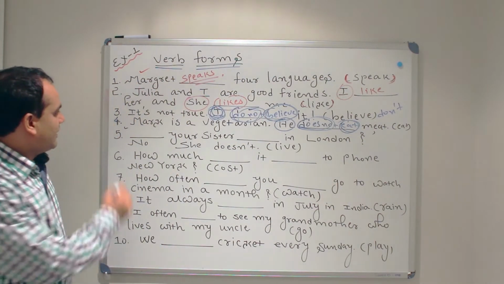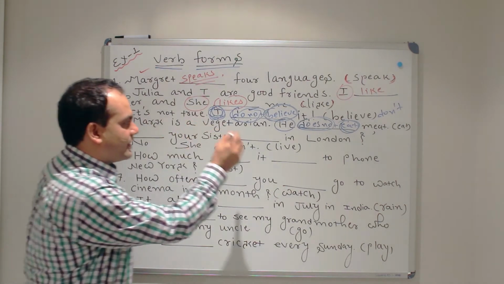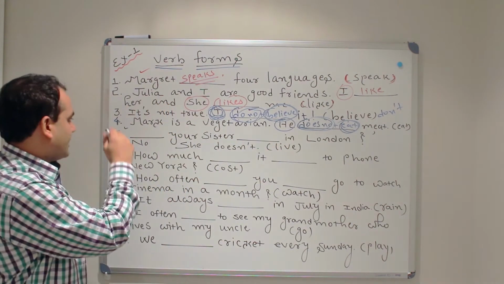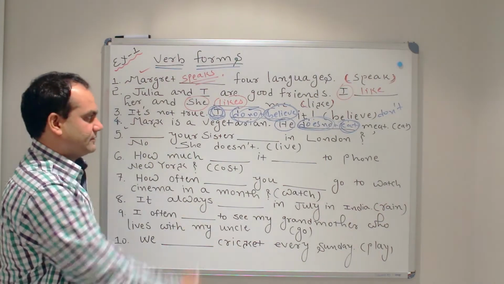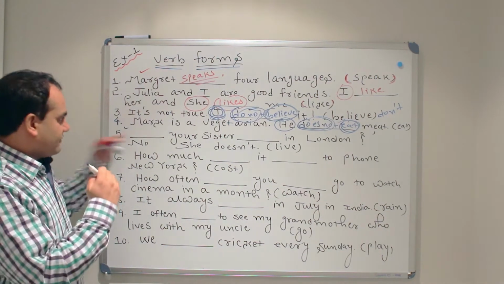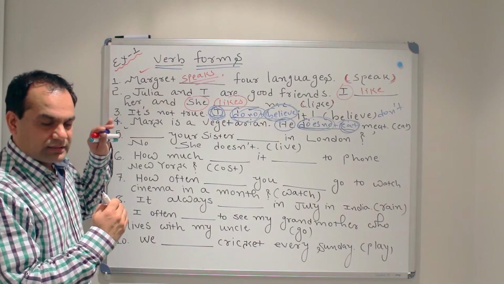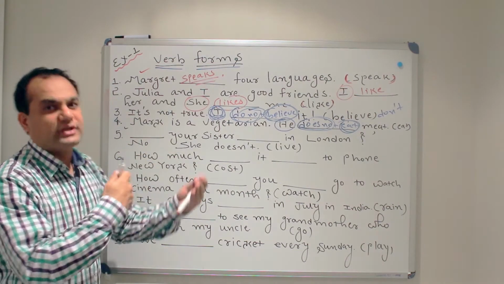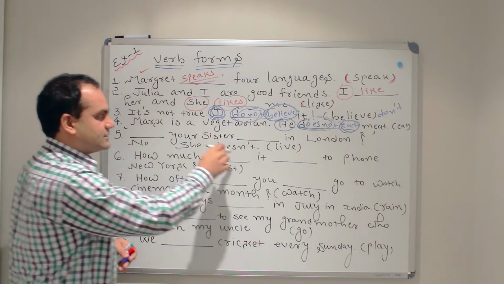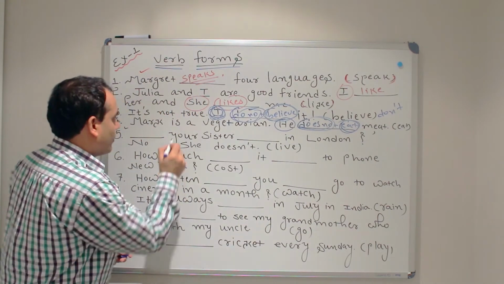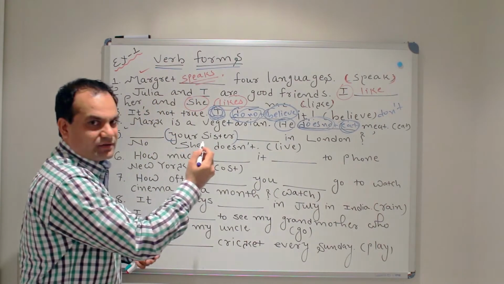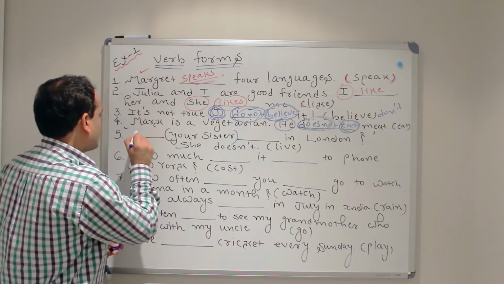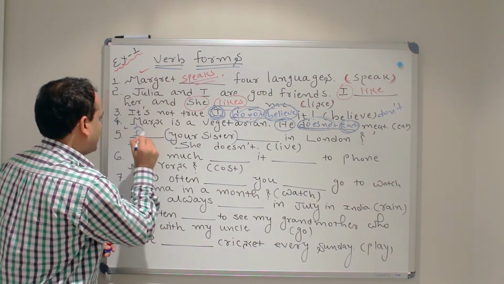Fifth one is dash your sister dash in London, and the answer is no, she doesn't. So in the first sentence a question is asked, dash your sister dash in London. Now we are talking about your sister, which is third person singular, so I will use does here.